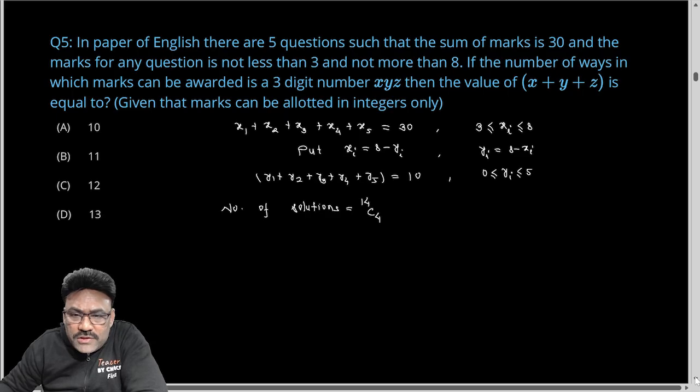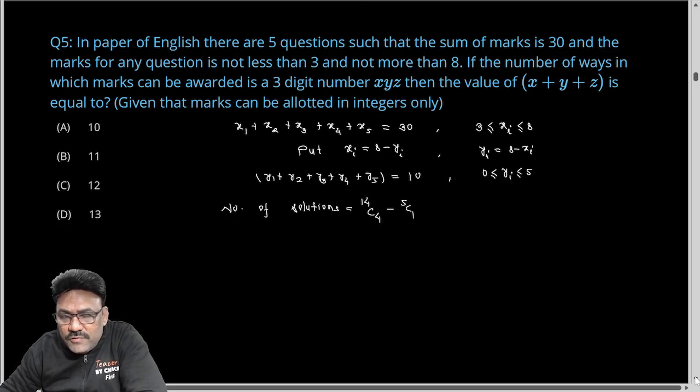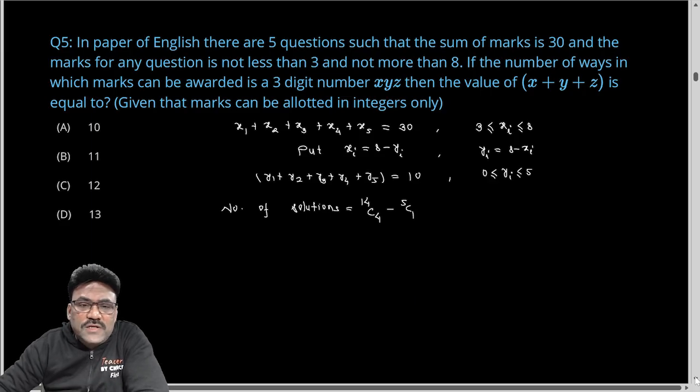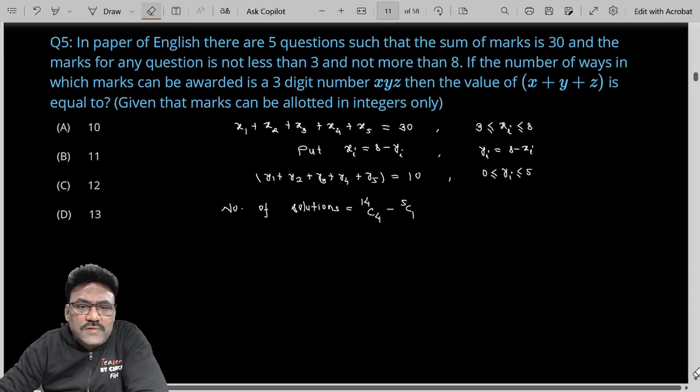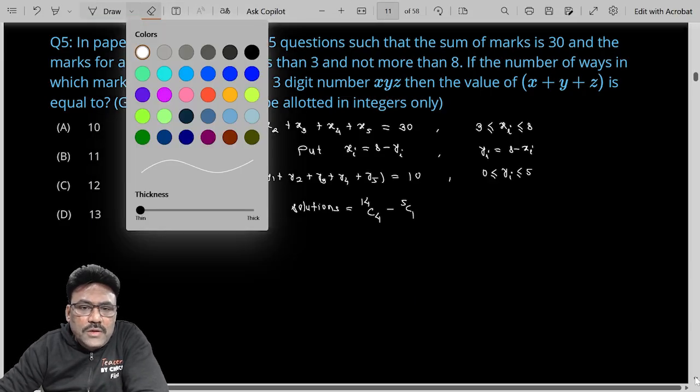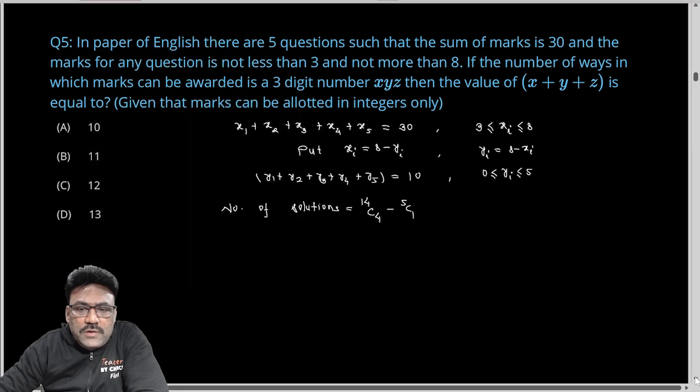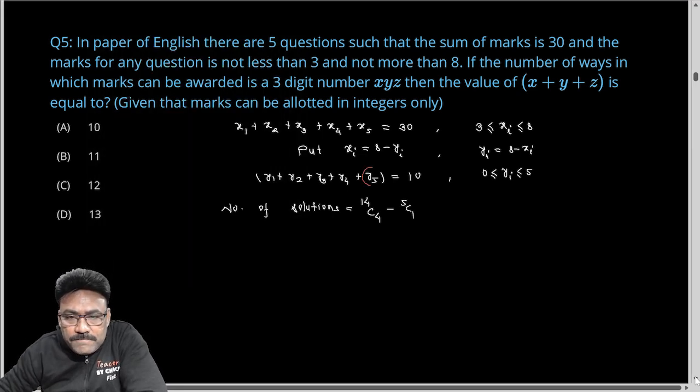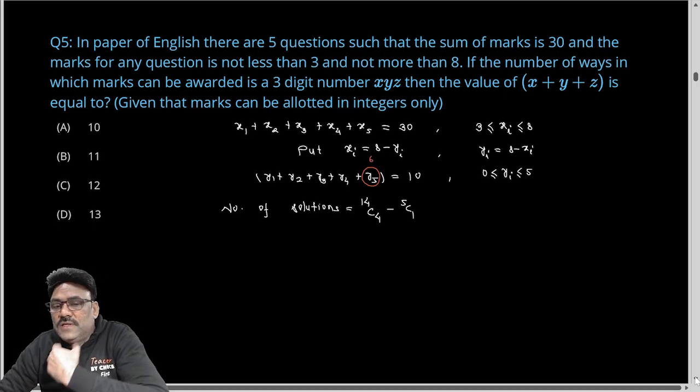I don't know which variable exceeded 5, so first I choose 5C1, meaning out of these 5 variables I select one. Let's say this selected variable is y5 and it exceeded 5, so it is at least 6.